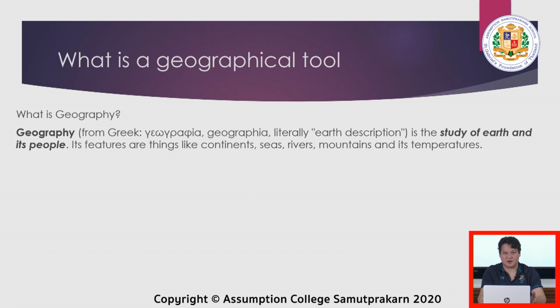A geographer, a person who studies the earth, would study the continents, the seas, the rivers, the mountains, the lakes, the temperature, everything about the earth. Now, if you want to study the earth to have a better understanding, what would you need?